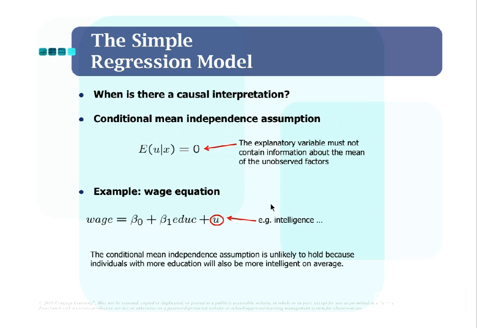In the example of the wage equation, it's a bit complicated here. Suppose u is a kind of ability, innate ability.